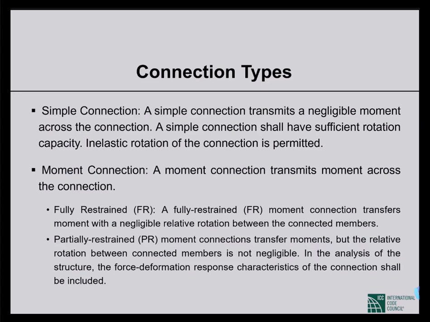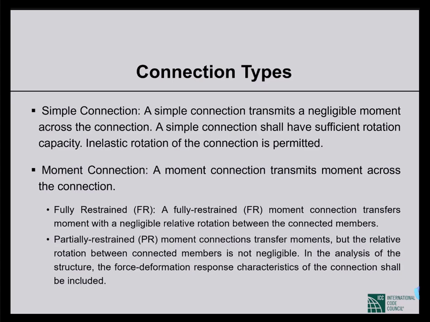So connections are classified in two types: simple connection and moment connection. Previously in BNBC 2006, instead of moment connection, it was called rigid connection, and simple connection. So now we call it simple connection and moment connection, number one.